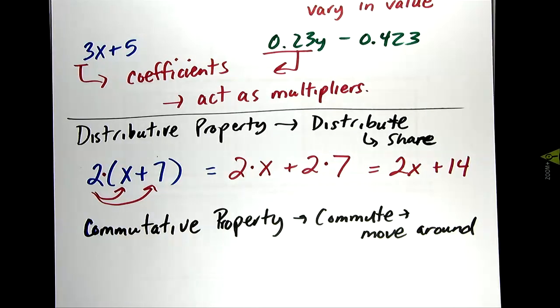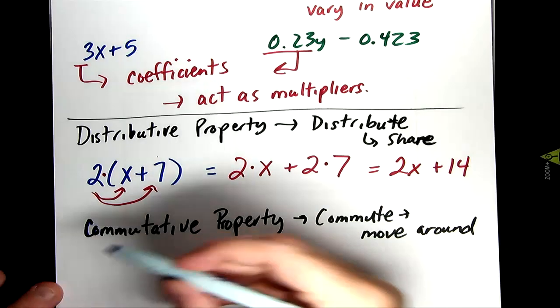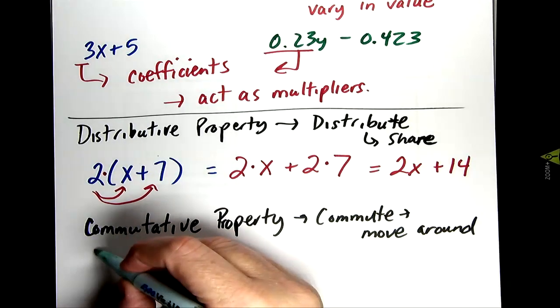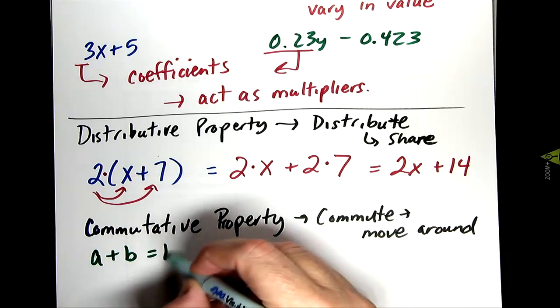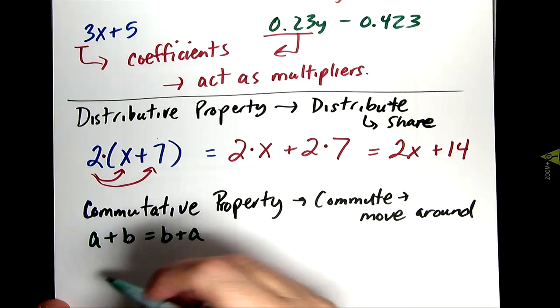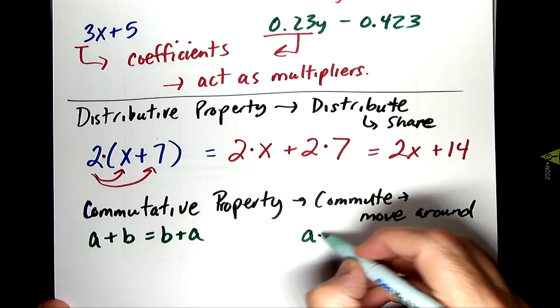So our stuff is going to move around. The idea here, and this works with both addition and multiplication, is that A plus B is the same as B plus A, and A times B is the same as B times A.